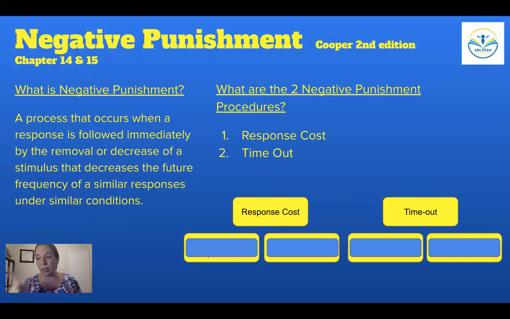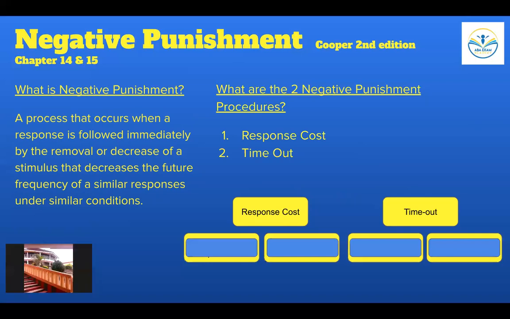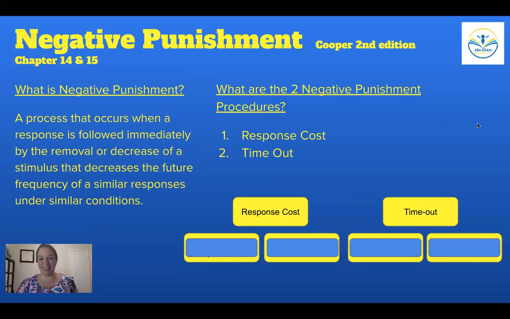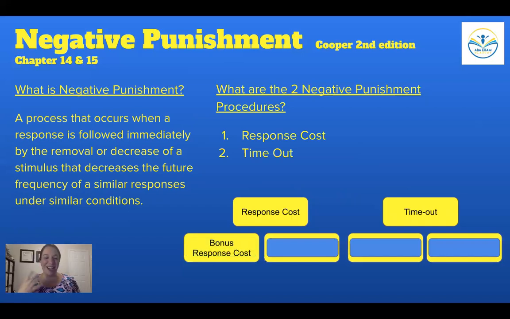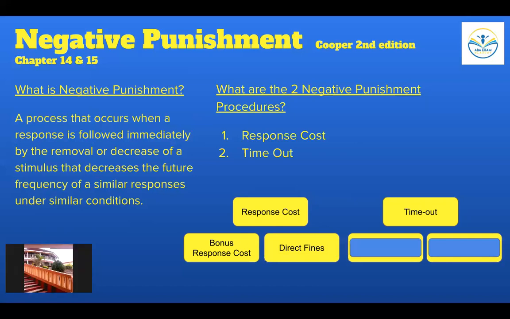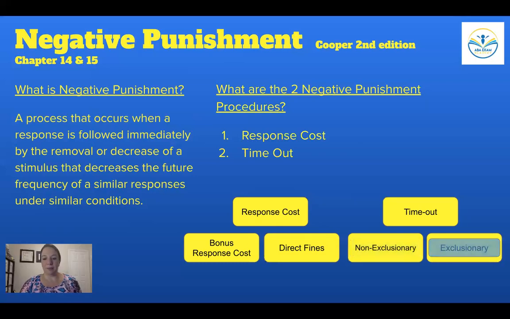Direct fines. You got the idea. We're working together here. Bonus response cost and direct fines. Perfect. And then timeout has two. What are those? Exclusionary and non-exclusionary. Nice. Good job, guys.